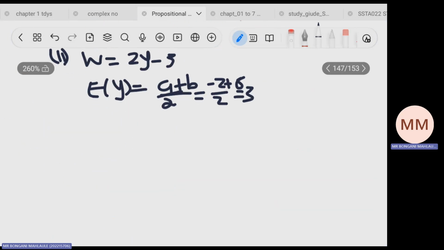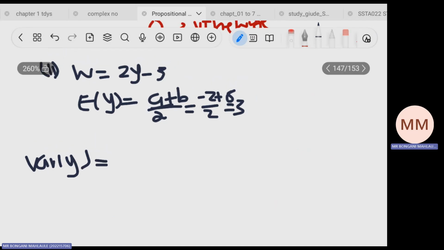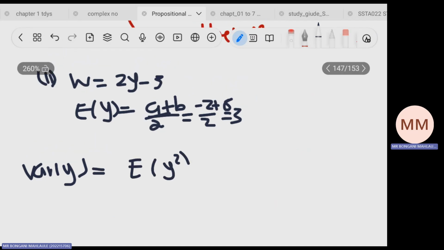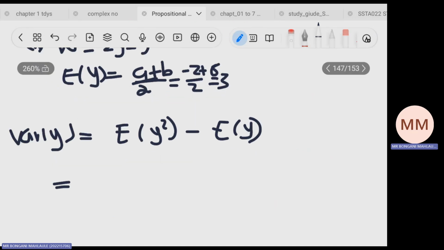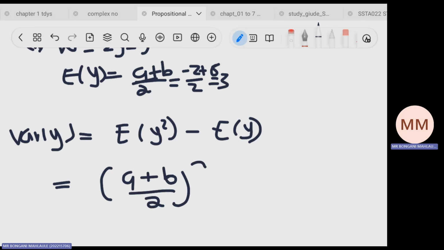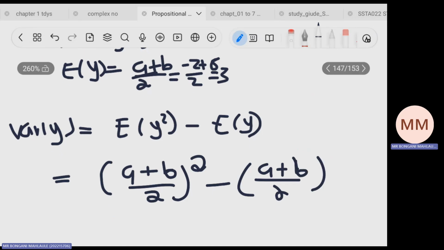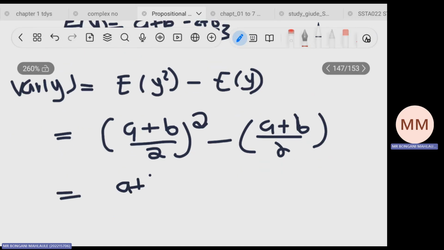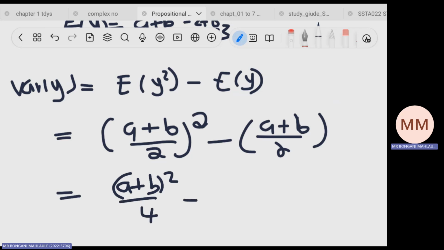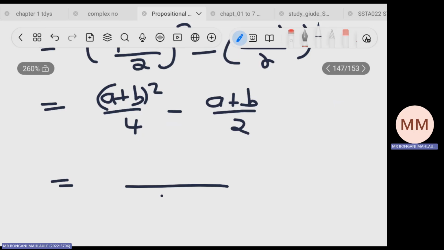So this one was the expected value. Now we're looking for the variance of Y. So we know that it will be the expected value of Y squared minus the square of the expected value of Y. So you'll have to perform this. So this will be a plus b all over 2, to exponent 4, minus a plus b all over 2. Let's just see what we'll get. A plus b all squared over 4 minus a plus b all over 2 all over 4.